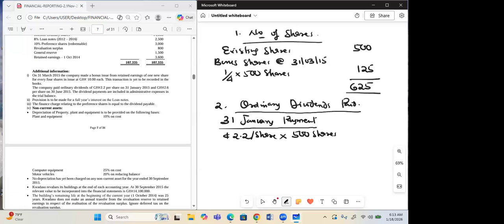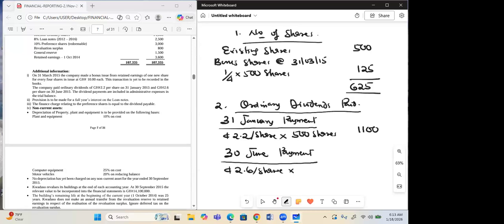1,100. Then they said they paid 2.6 on 30th June. So the 30th June payment, that one they paid it on how many shares? 625.